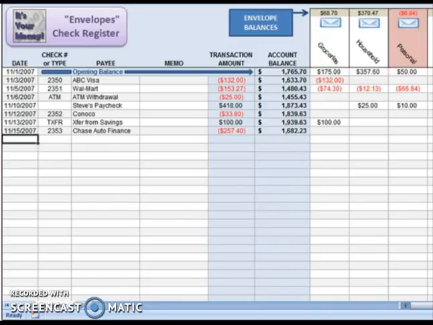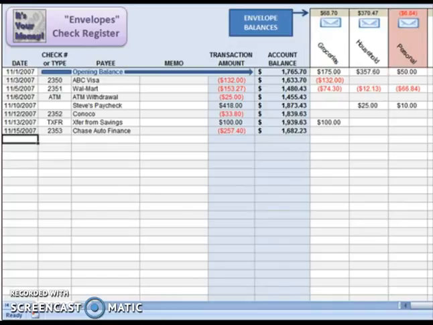So obviously they were in the negative, and even when they put an extra $10 in there, they're still negative 6.84. So it's a great visual to show you exactly where you stand, and it can also expose some things to you about your budget.